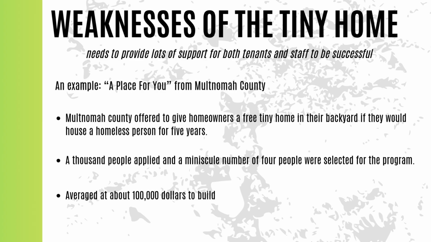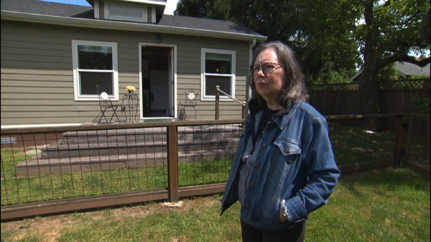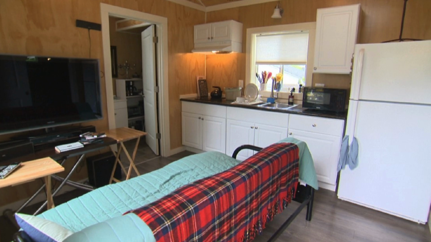One volunteer shared how the once homeless family who stayed in the backyard tiny home moved out within 2 years. Program organizers failed to support the families who housed the tiny homes. Lastly, the city took back their initial offer of a free tiny home and now expect the homeowners to pay. The disorganization and lack of support failed this tiny home plan before it even had the chance at being successful.